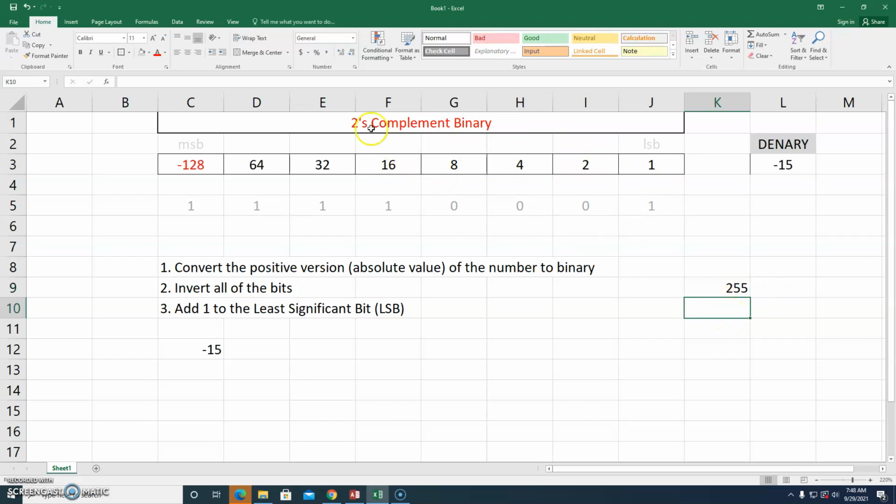Unfortunately, with the twos complement system, the biggest number that we can represent is 64 plus 32 plus 16 plus 8 plus 4 plus 2 plus 1. Let's just quickly see what that is.